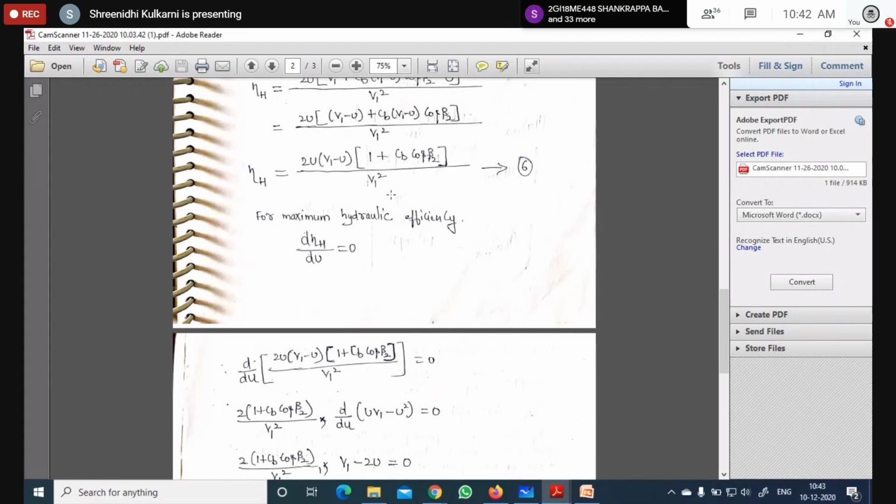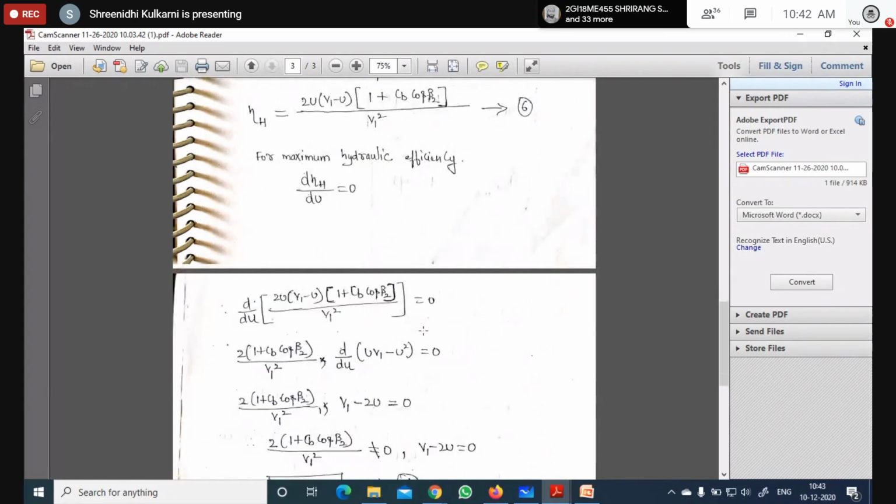Next I want to differentiate the remaining part with respect to u. We have v1 minus u square, and if you differentiate u square with respect to u, we get 2u.